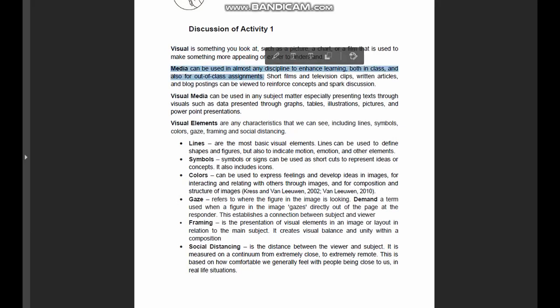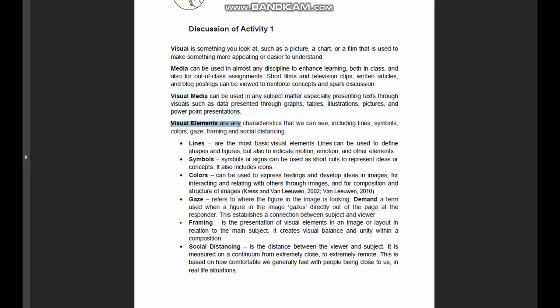Kapag sinabi natin media, ay ginagamit sa pag-aaral or sa pagkatuto. Next, we have visual media. Visual media can be any subject matter, especially presenting text through visuals, such as data presented through graphs, tables, illustrations, pictures, and PowerPoint presentations.